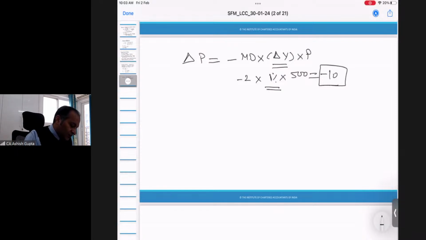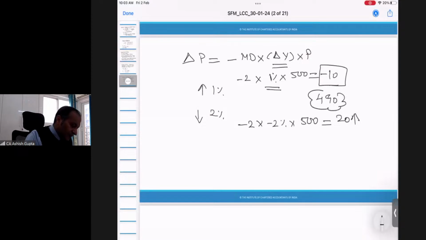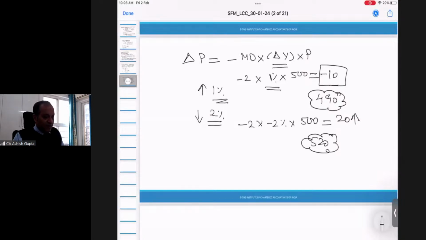Similarly, if yield decreases by 1%, 10 rupees will be added. Earlier my price was coming 490, and here my new price will be 520, because with the fall in the yield, my price will increase.